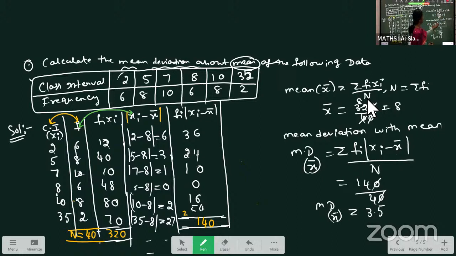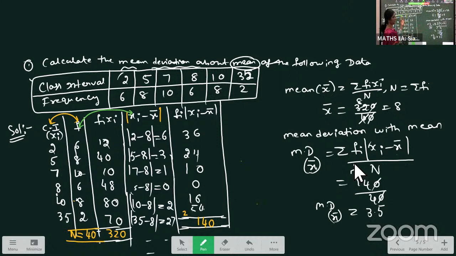We want mean deviation about mean. So further the formula is sigma Fi into Xi minus X bar by capital N. For that, we want a separate column of Xi minus X bar. Again, come back to the table and make Xi minus X bar. Xi values are class interval values and X bar is nothing but the mean, that is 8.